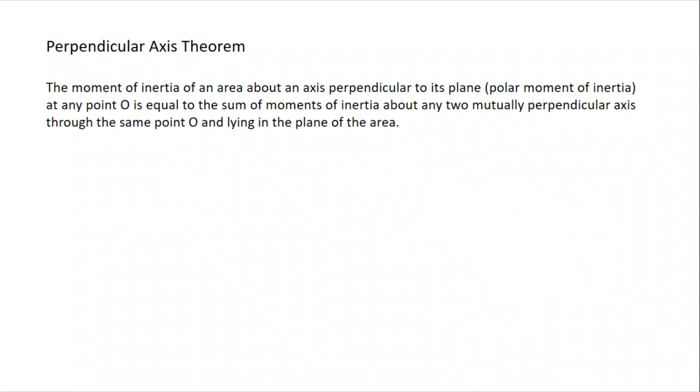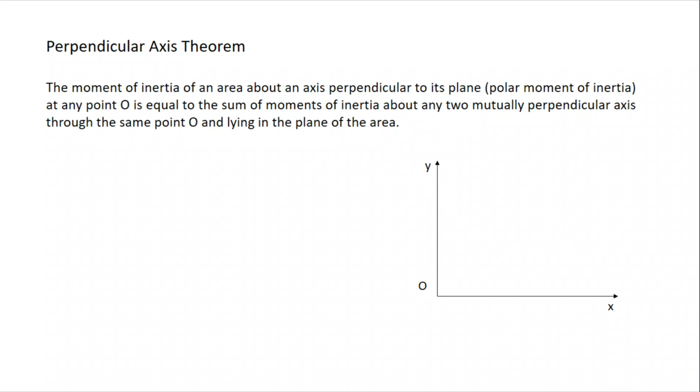Now the perpendicular axis theorem. The moment of inertia of an area about an axis perpendicular to its plane, that is the polar moment of inertia at any point, is equal to the sum of the moments of inertia about any two mutually perpendicular axes through the same point O and lying in the plane of the area.